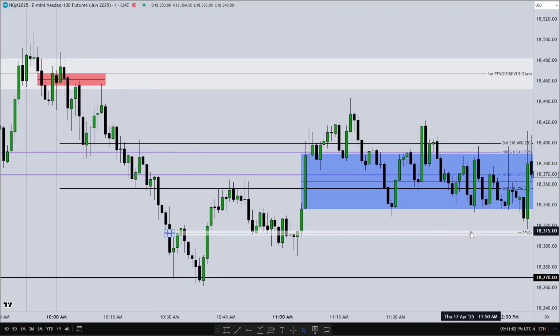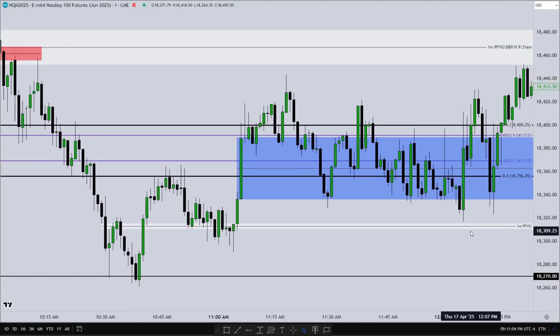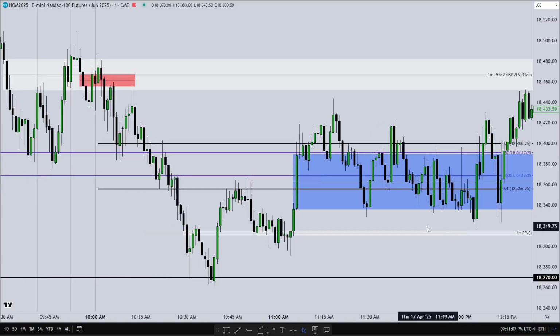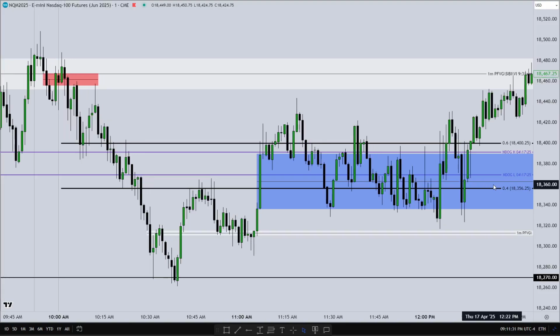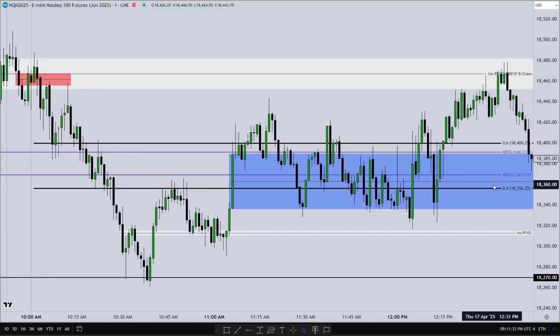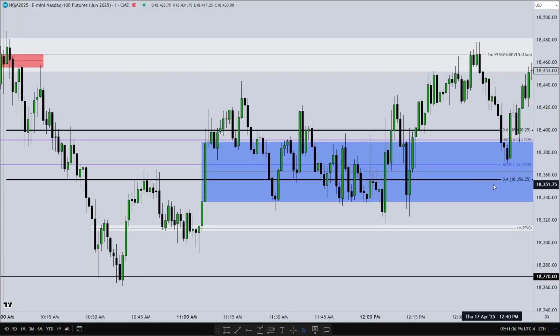You'll see that it does respect it, and not in a fashionable manner, but it does hold the idea that there was accumulation going on here, and it was inside this beautiful dealing range from the 40 to 60% inside that zone using the new day opening gap. So we have reason to believe that there is volume here. It just takes time to form. And there it is, back to that first presented gap, back to the discount array.